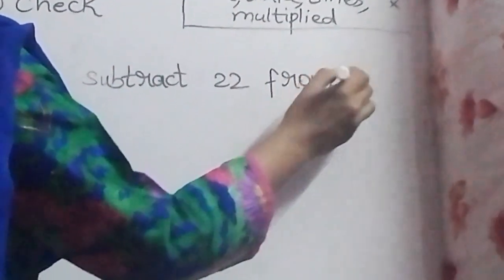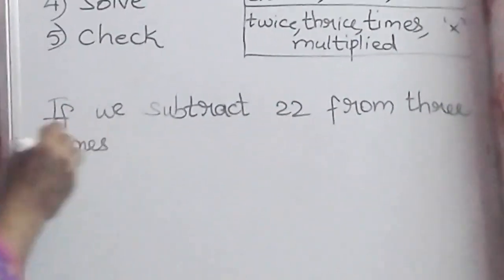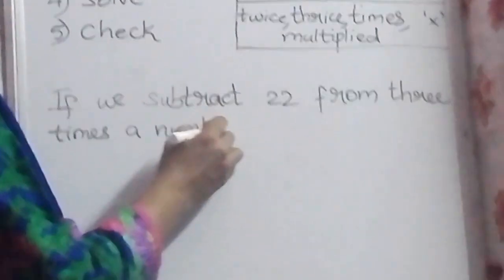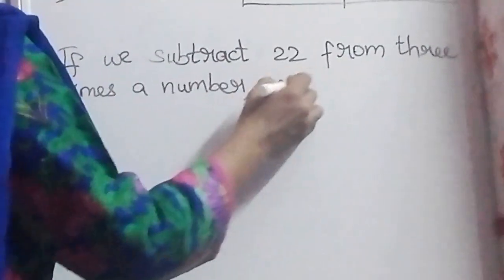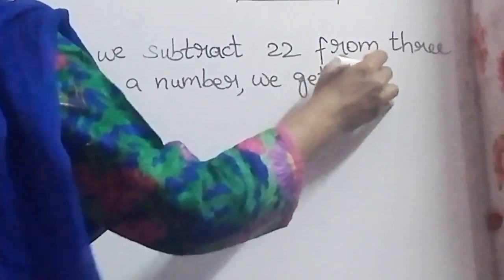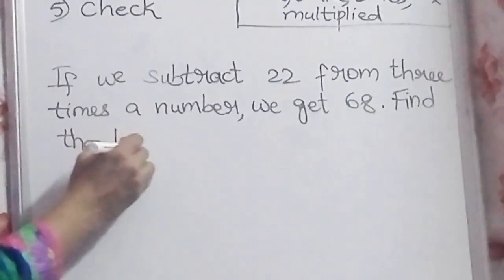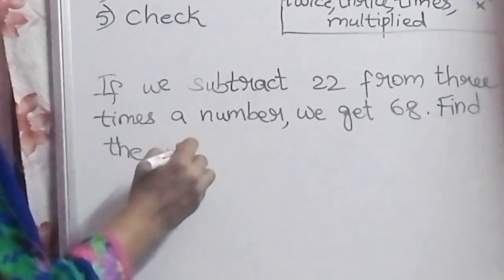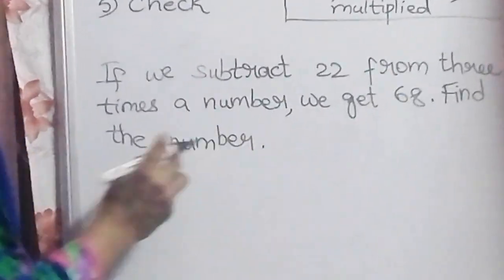If we subtract 22 from 3 times a number, we get 68. Find the number. This is the question given.